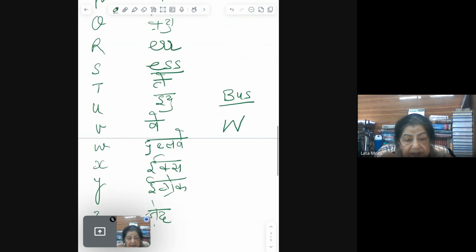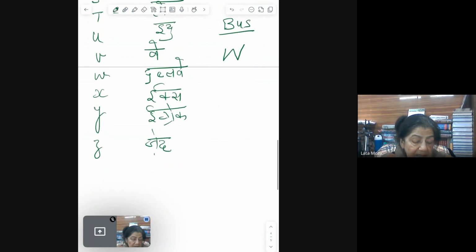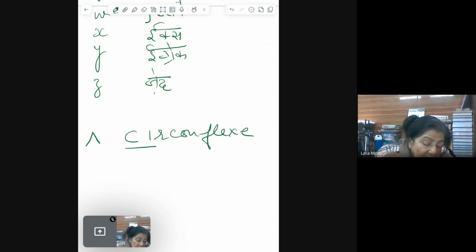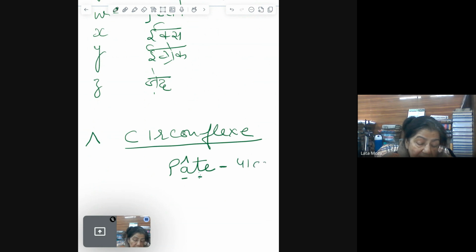Besides these letters, there are some symbols, and we have to see how we pronounce the symbols also. There is a symbol like this. It is called circumflex. Circumflex means, suppose I write a word like P, A, T, T, A, and there is a circumflex mark over here. That means the next letter after which this appears is pronounced twice. Suppose there is a word as path, so you will say it like "patta".